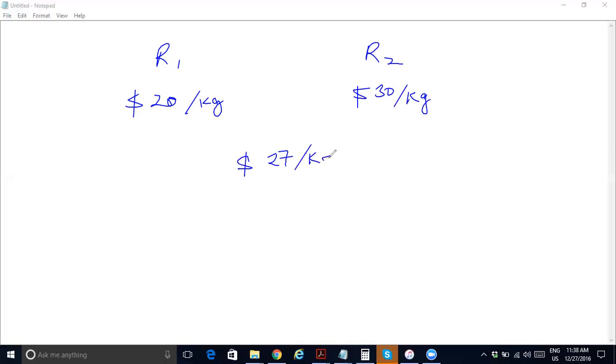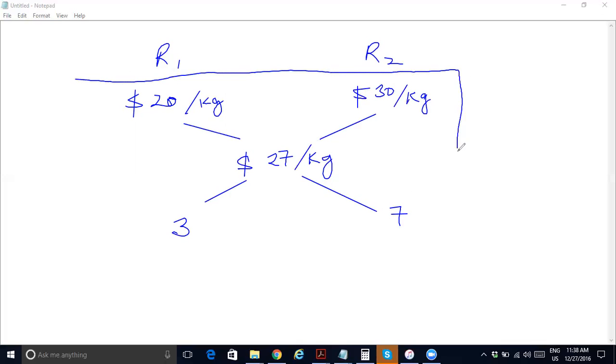Now, the same question by using alligation. This is 20. I'm writing units again and again, so many dollars per kg, so many dollars per kg. And there is a reason why I am writing all the units again. The above three values must all have the same units.